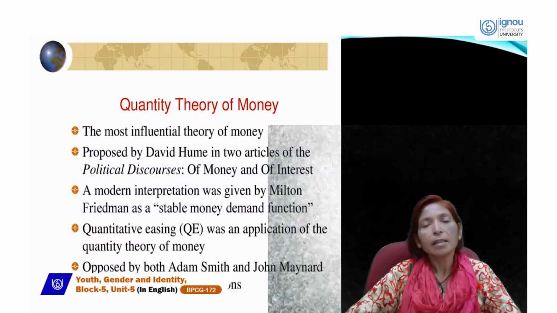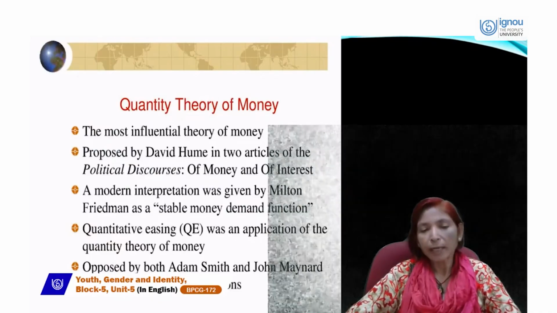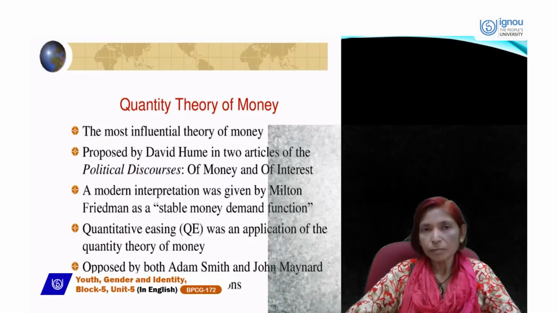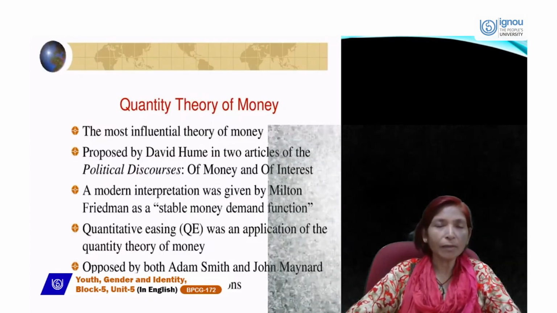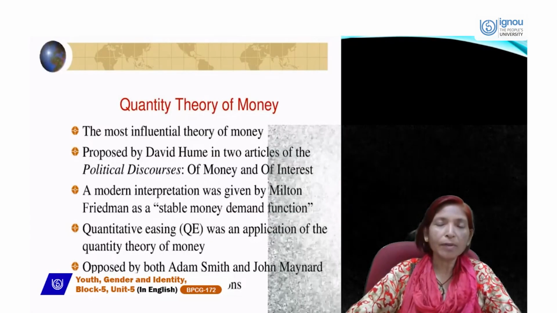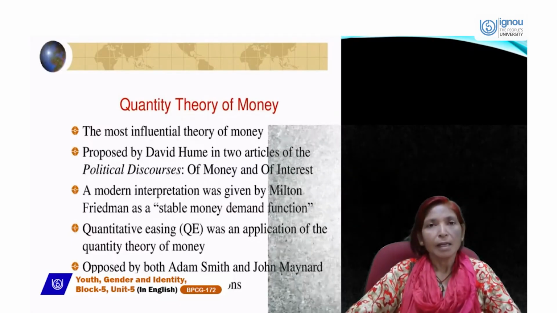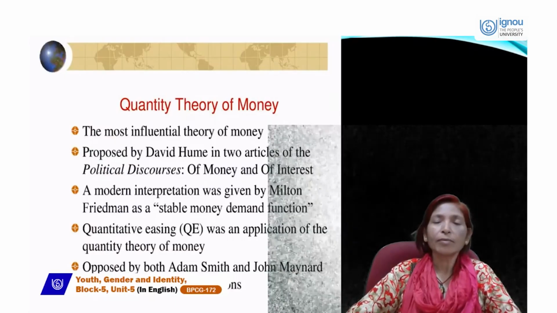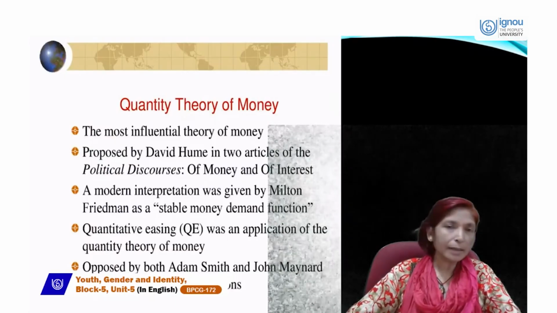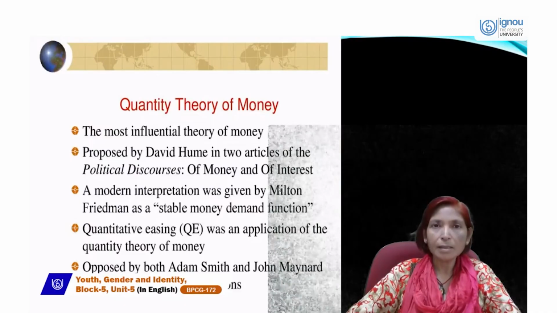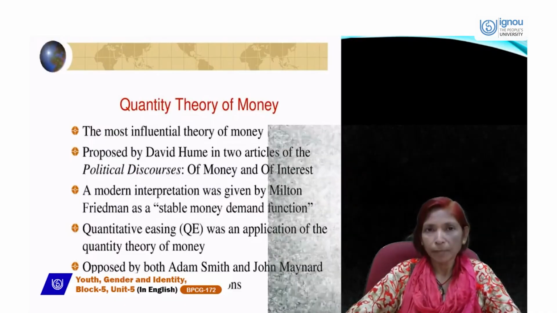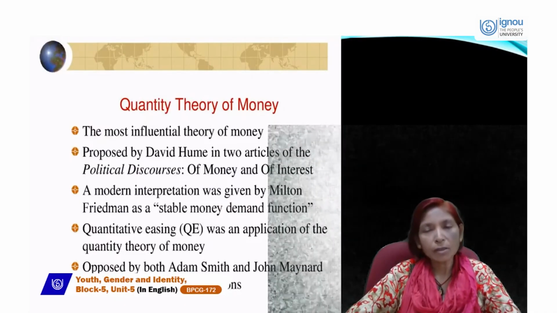And this theory was opposed by Adam Smith. You know that Adam Smith is the father of economics, who gave the first definition of economics in 1776 in The Wealth of Nations. He said that economics is a science which deals with money or the functions of money.